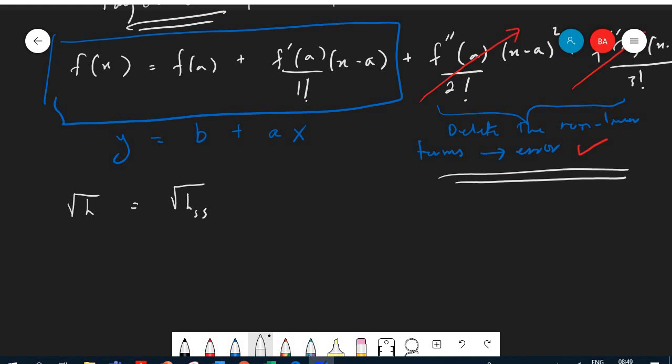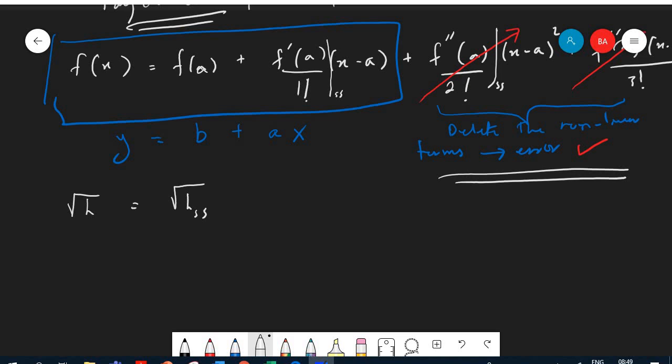I forgot to add here that this is f of a, the value at the initial point, and the initial value we are substituting here is the steady state, and we are taking the derivative also at the steady state, all at steady state values.